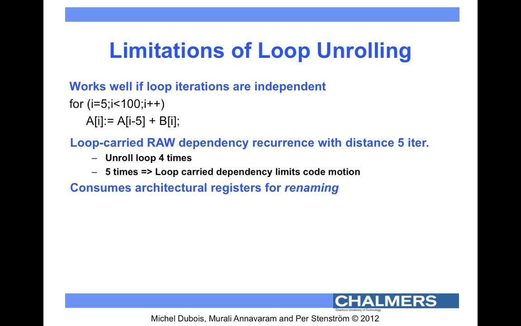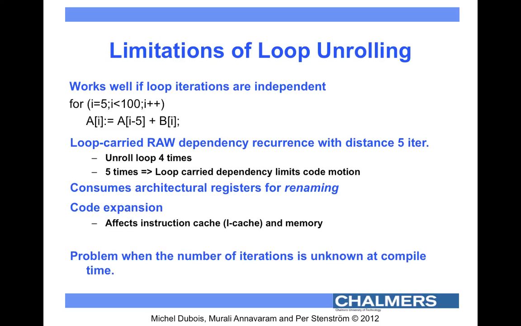As you saw, we had to use up more registers, in fact as many times as the number of times the loop is unrolled. And of course it also leads to code expansion. Now the loop will take more space.